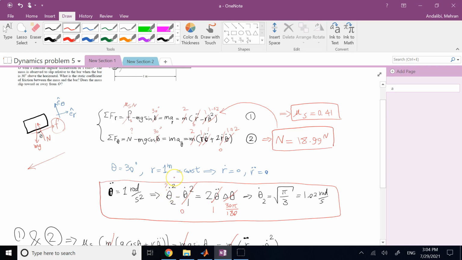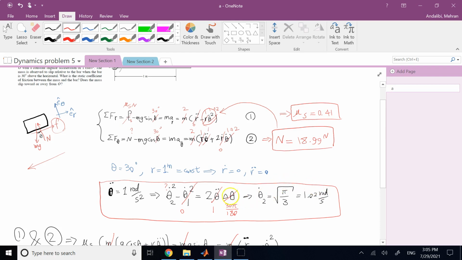And so the centripetal acceleration that you have, this guy, is going to be really small, because your theta dot is still small. You have not achieved such a large theta dot, or omega. You see, even after 30 degrees, your omega is just 1 radians per second.